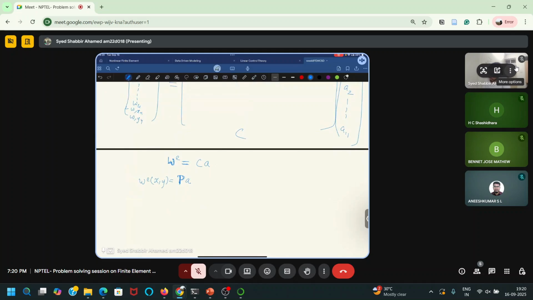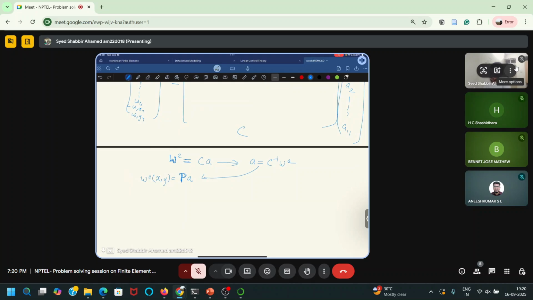From this, I can take A equals C inverse of WE. So I'll substitute here A equals C inverse of WE. This is a vector and this is a function. So if I do P into C inverse, I'll get my shape function. So that is N into WE.